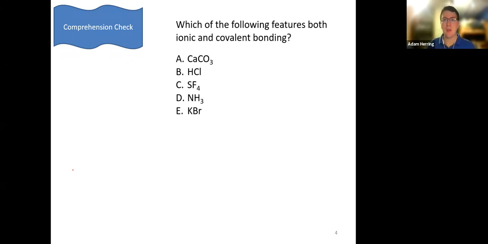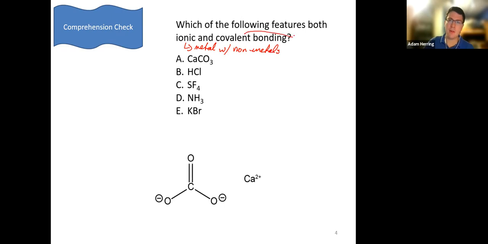Welcome back. So we want to know which of these contains both ionic and covalent bonding. Well, the answer is calcium carbonate. Now let's talk about that. In order to have ionic bonding, we need to have a metal with nonmetals.